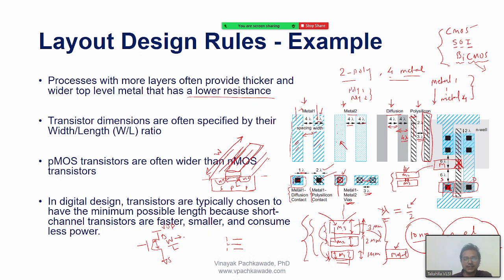So transistor dimensions are often specified by the W by L ratio. You will also need to remember this, what is the W by L ratio. L is the length, W is the width. So if I have a technology with a channel length or feature size of 10 nanometer, and I draw this transistor, obviously the L here is 10 nanometer.